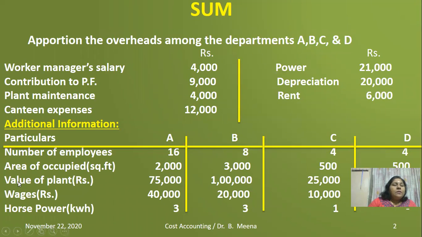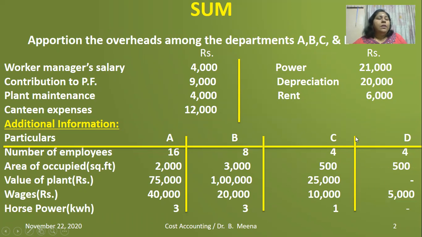For the suitable basis, we can make use of the additional information. We will go one by one. Before that, we need to check: is there any information about wages or materials? Yes, wages is there. Wages alone we can show under the service department column.